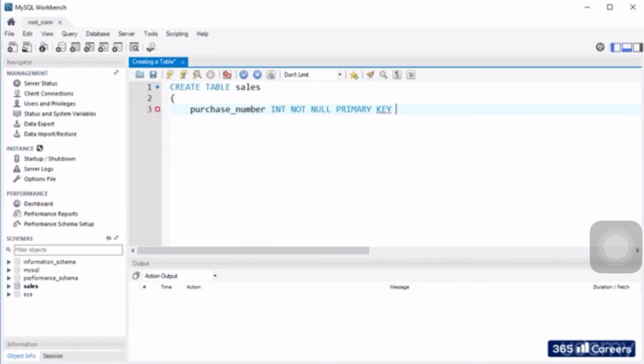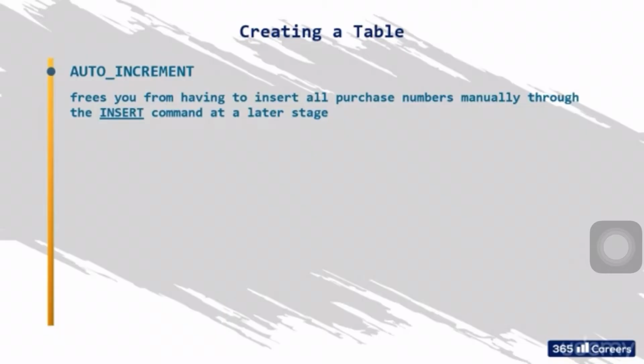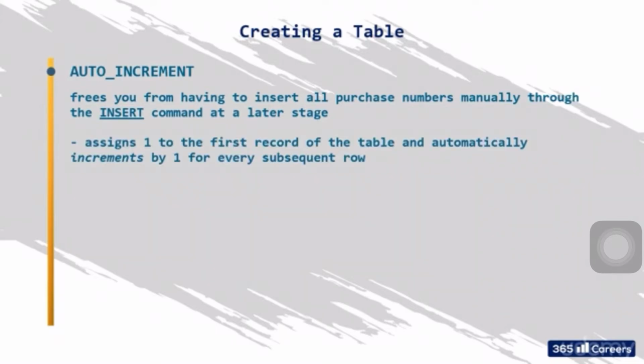There's an interesting extra constraint we can add to this field. It is called auto increment. It frees you from having to insert all purchase numbers manually through the insert command at a later stage. It assigns the number 1 to the first record of the table and automatically increments by 1 for every subsequent row.